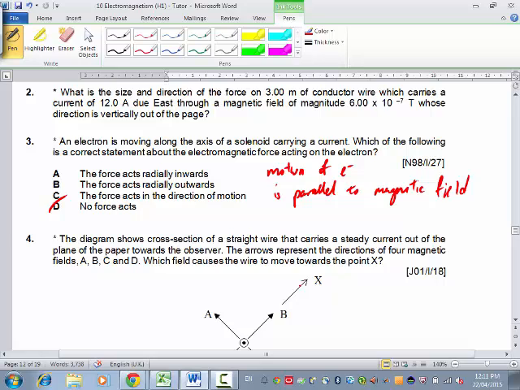In order for you to experience a force, the current must be non-parallel. Now it's parallel, so there is no force. It doesn't have to be perpendicular, guys. As long as it's non-parallel, you can always resolve the current such that there is a component perpendicular to the field. But if the current is parallel, no way, there will be no force.